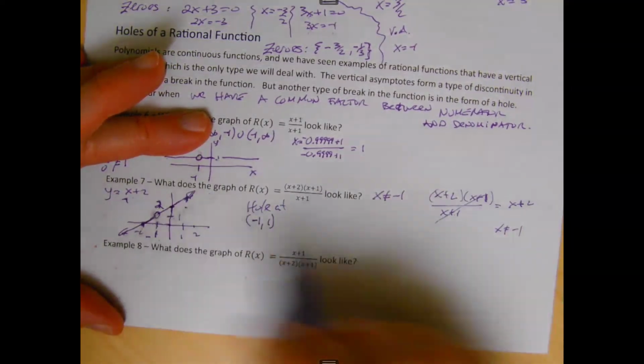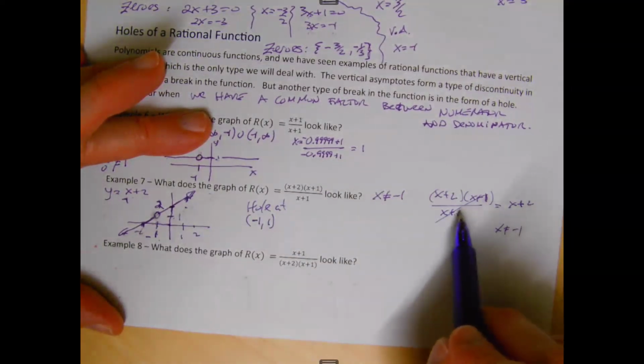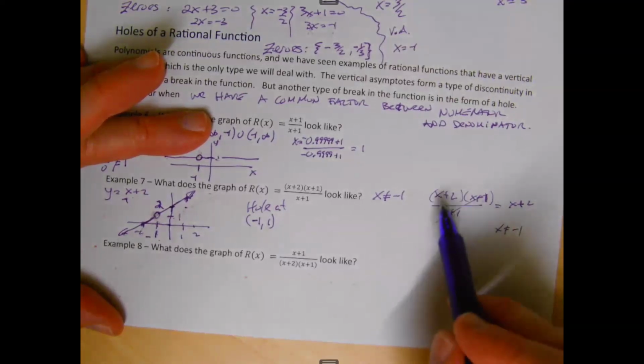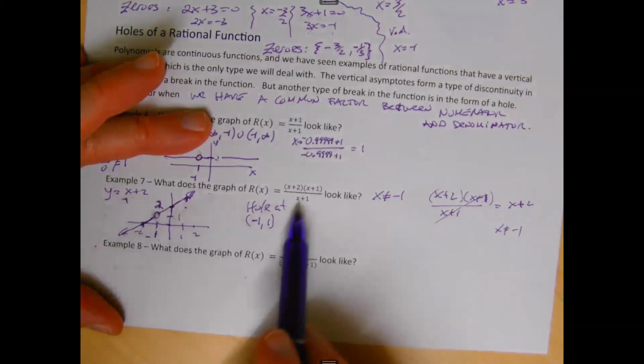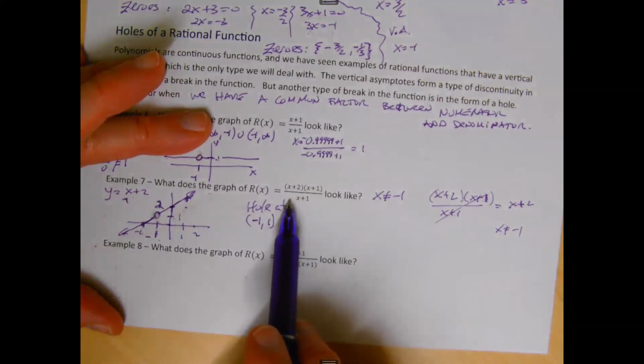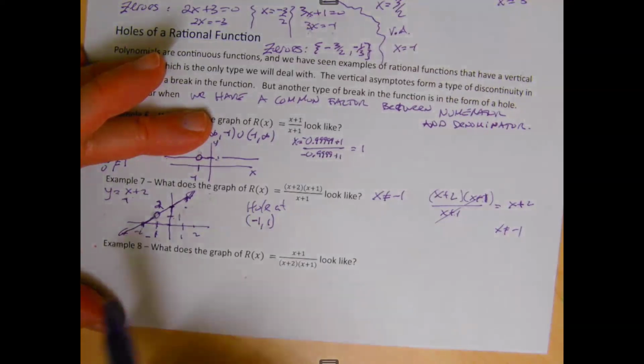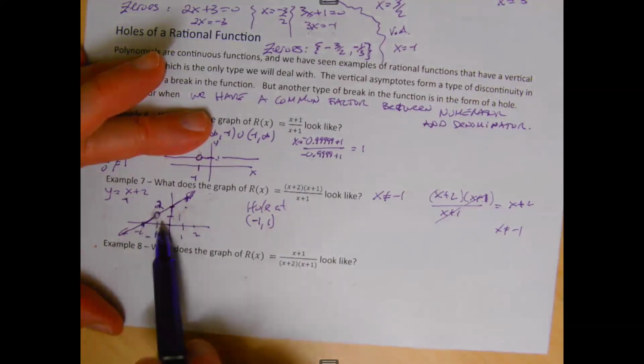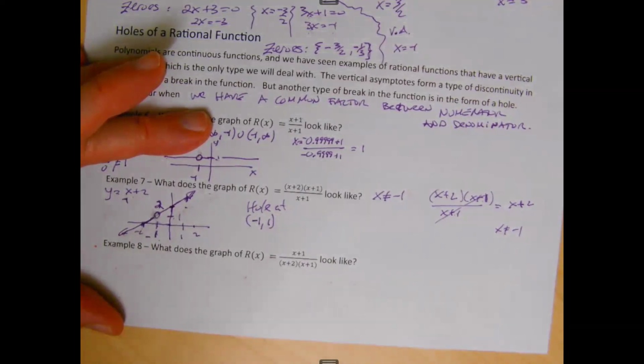So having the same number, they cancel each other out because it's just 1, leaving this as is. So the graph just looks like the factor that's not being replicated. And then when we cancel, we can determine where literally the hole is located.